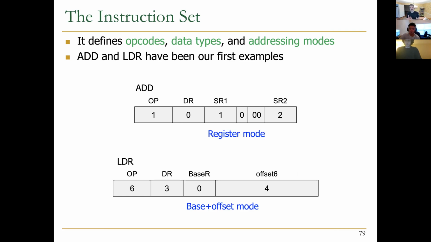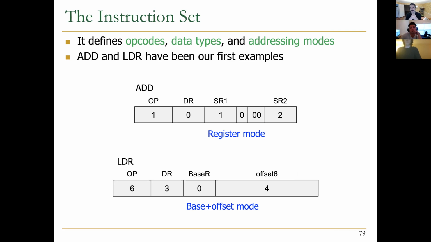For example, in add, the addressing mode was based on register. It's called register mode. In LDR, the base address is where the base R is encoded, and you needed the offset. This is where you see offset 6, and you add them together in order to find the address from which to load the content into the destination register.